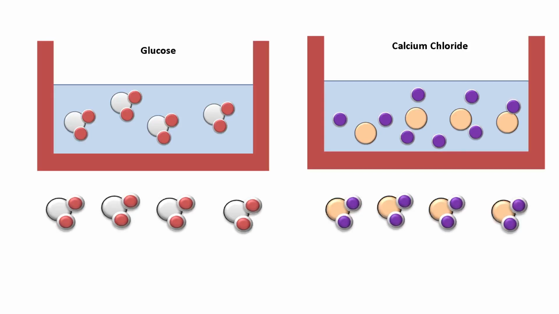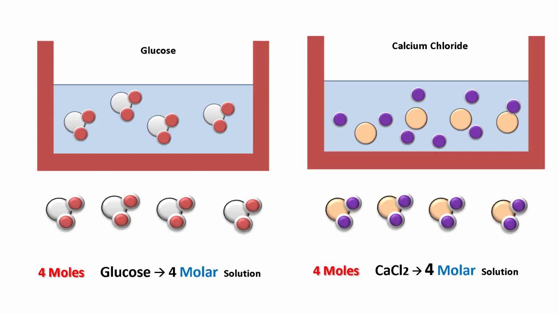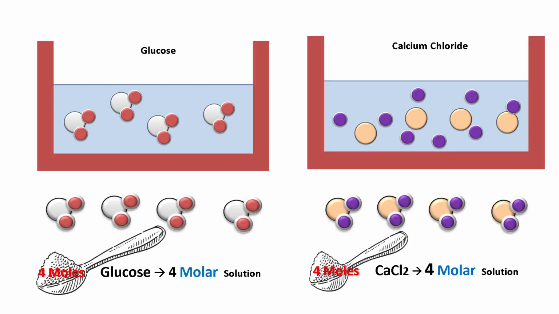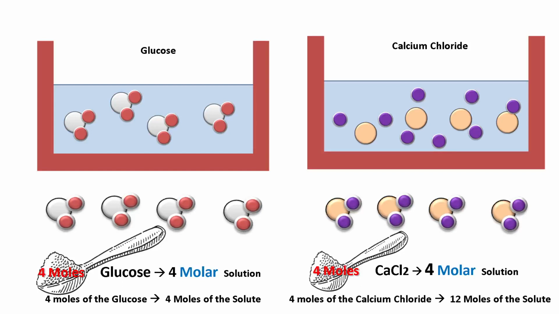This example shows a 4 molar glucose and a 4 molar calcium chloride solution. In both the cases, we have 4 moles of each in 1 liter of water. When we compare them, we see that 4 moles of glucose rendered 4 moles of solutes in the solution, but 4 moles of calcium chloride formed 12 moles of the solute.